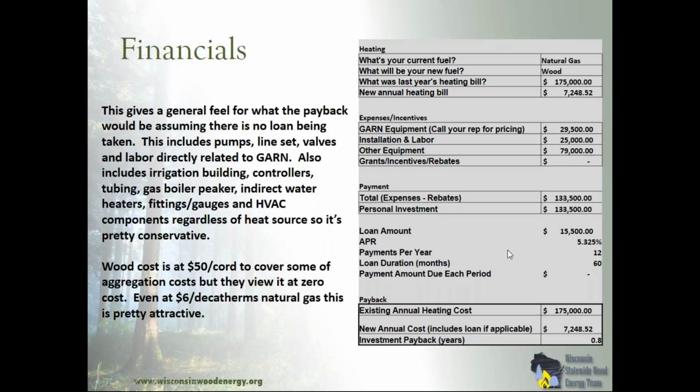Well, I should have looked at this before. This number seems low. Although I guess that loan wouldn't be a lot of money, but it's the same number as up here. But anyway, so they got a 0.8-year payback. Very good. That's a no-brainer to do if it's truly that good.